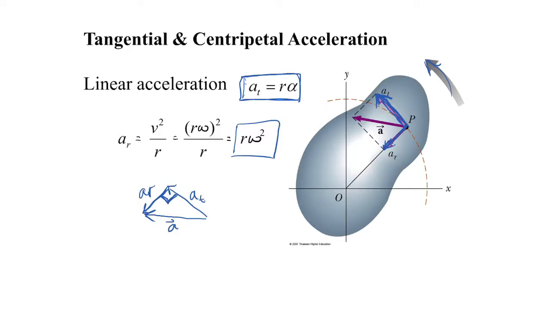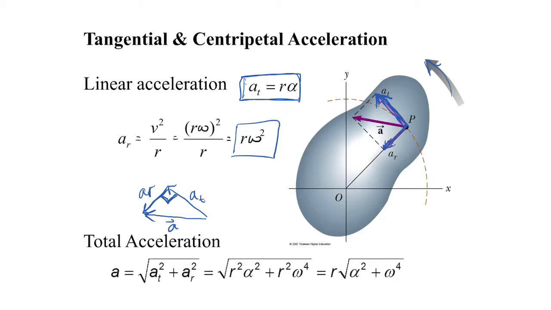So therefore we can just use Pythagoras to find our total acceleration, because it is just the vector sum of those two accelerations. So our total acceleration will just be tangential acceleration squared plus rotational acceleration squared, all square rooted. Of course, we have our r alpha for our tangential acceleration.